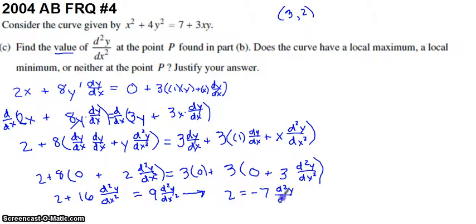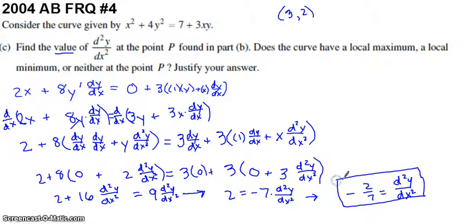And then the value of my second derivative can be found by undoing this multiplication. Divide both sides by negative 7, and you're going to end up with negative 2 over 7 as the value of the second derivative of y with respect to x. So here's the value of the second derivative at (3, 2).